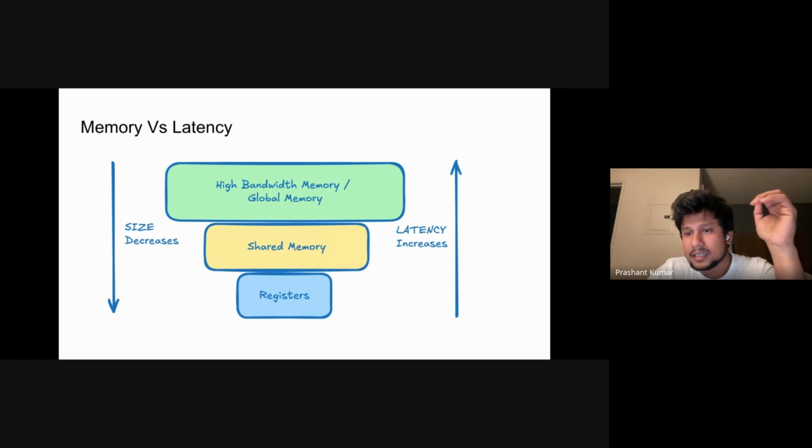It is large, but it has much higher latency compared to on-chip memory. Think of shared memory and registers as on-chip and HBM as away from the chip, so off-chip. To summarize, registers are fastest but smallest. Shared memory is mid-sized and fast, while HBM or global memory is largest but slowest. Efficient GPU programming relies on maximizing use of registers and shared memory to hide the high latency of the HBM.